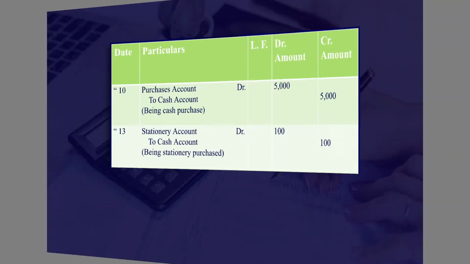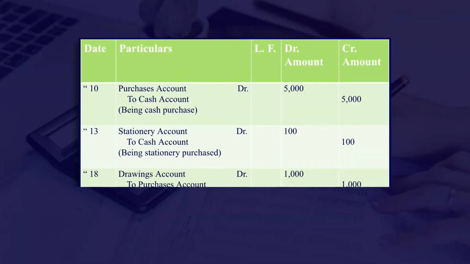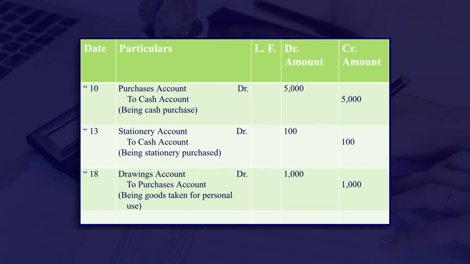Now, if we go back, the next one is goods taken by the proprietor for personal use. So, here the proprietor has taken goods worth rupees 1,000 from the business for his personal use. When the proprietor is withdrawing something, either he is withdrawing the goods or he can withdraw the cash from the business for his personal use.